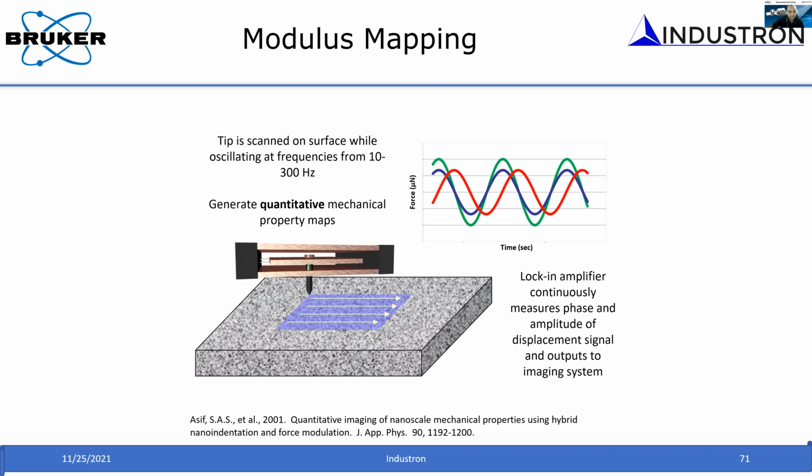One more question: how to decide the maximum load for a material? It depends on what you want to test. If you have a thin film, you have to limit your load because you want to measure the thin film response.